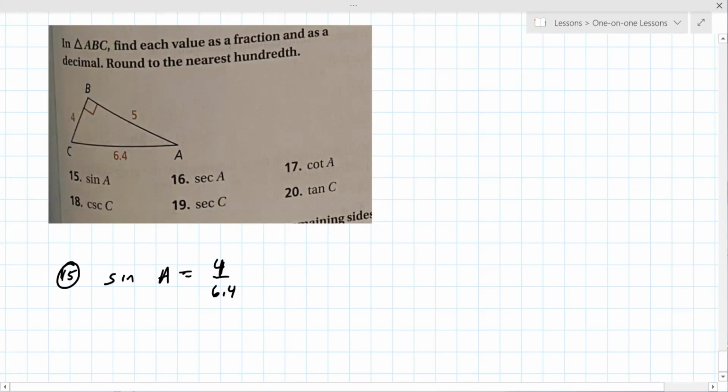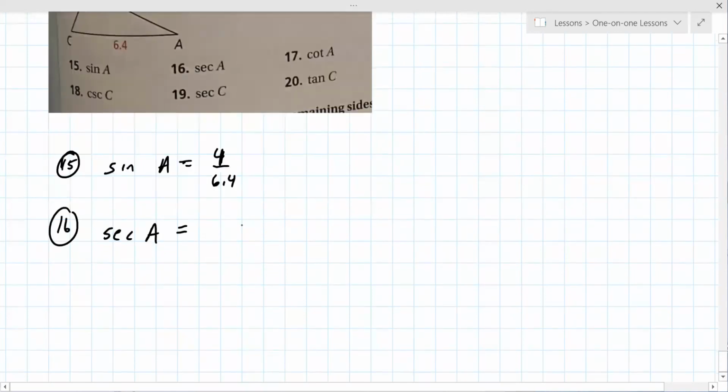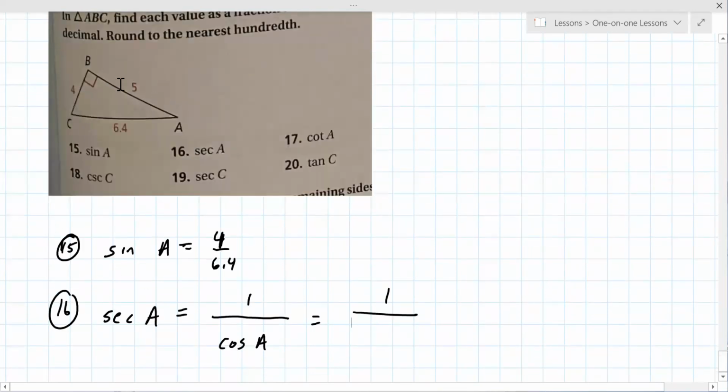Let's do, and I would do these, I would kind of do all the A's, they do kind of put them in order. So 16 is the secant of A. So you might know secant of A, but I would just treat it as 1 over cosine of A. And cosine of A is the adjacent, which you got to be careful because of the orientation. The adjacent is over here at 5. The adjacent is 5 over the hypotenuse, which is 6.4.